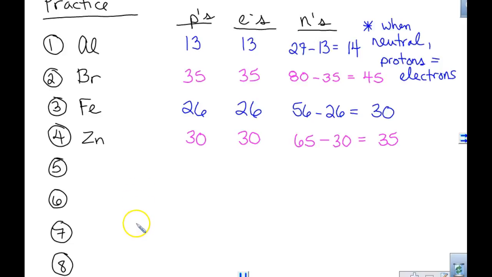Let's do meitnerium, silver, radon, and titanium. Okay, so we will pause and let y'all work on those.